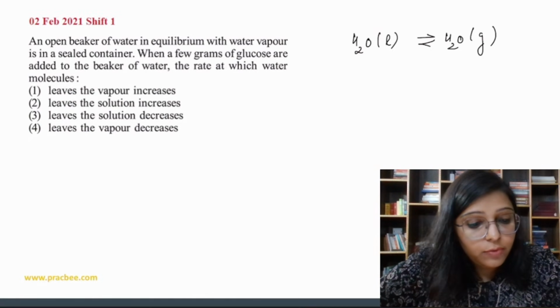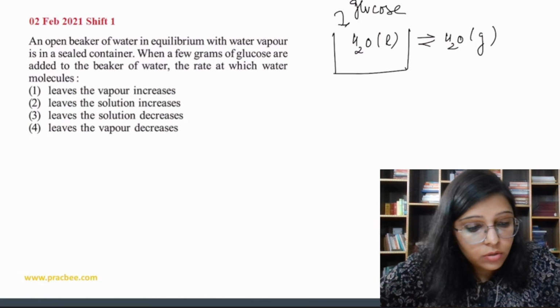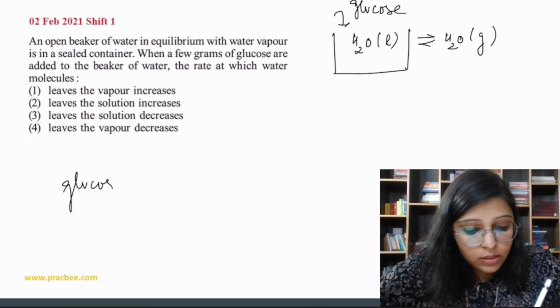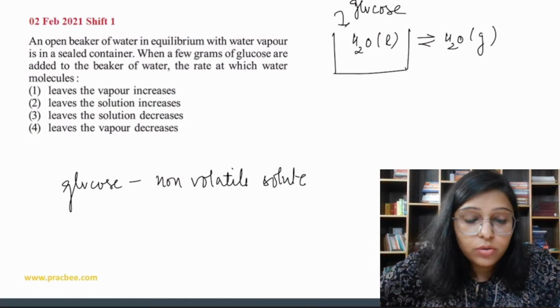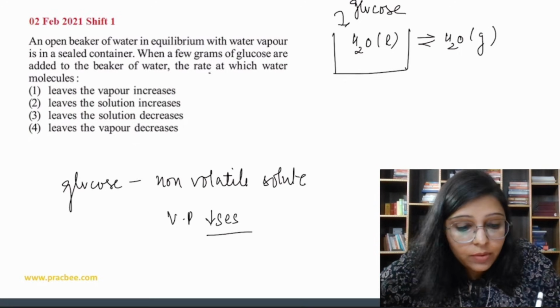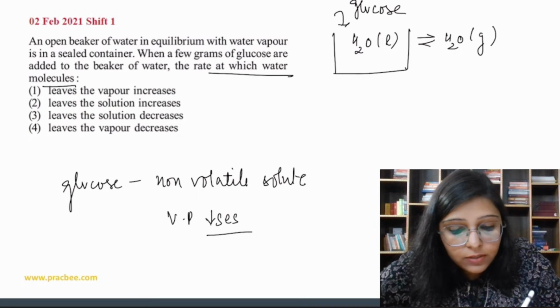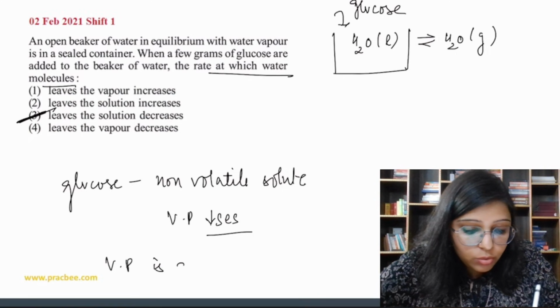So basically, if you add glucose into this, glucose is a non-volatile solute. So what happened? Vapor pressure decreases. So it means the rate at which water molecules leave the solution decreases, and vapor pressure is due to water only, right?